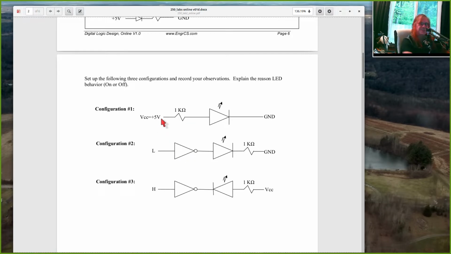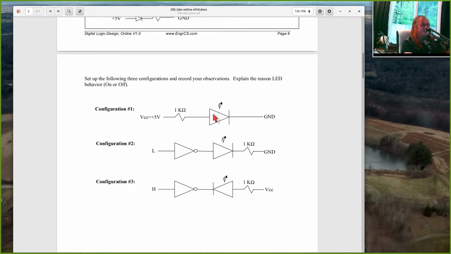Anytime you build a circuit, you've got to tell the person what circuit you built. Anytime you talk about observing the output of an LED, they better know exactly what that LED is, how it's hooked up, what it's hooked up to, what you did to it when you were testing the circuit. Easiest way to do that, just put these diagrams in, or draw them yourself, or whatever diagram corresponds to the circuit that you're building, but you've got to have a circuit diagram in there.